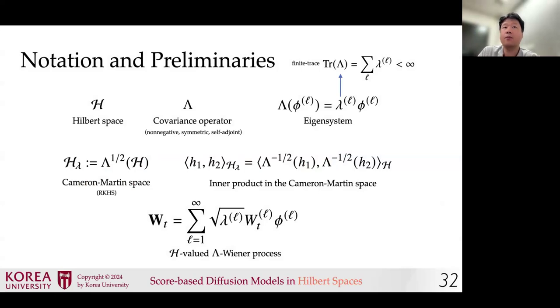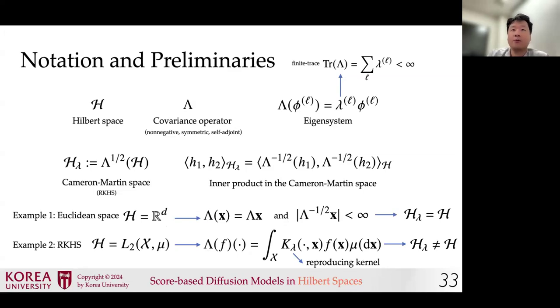So we assume a nonnegative, symmetric, self-adjoint, finite trace covariance operator with an eigensystem. Then we can define the Cameron-Martin space H lambda, which is another Hilbert space. And by using this eigensystem, we can define the lambda Wiener process in the Hilbert space with a series representation.